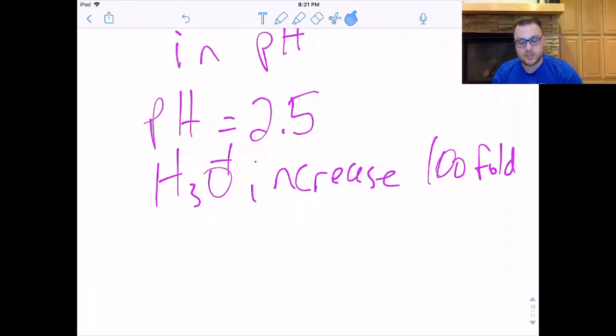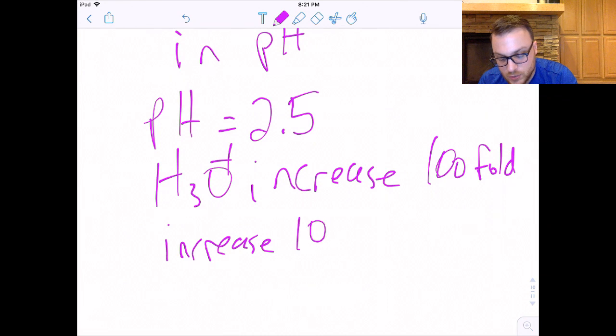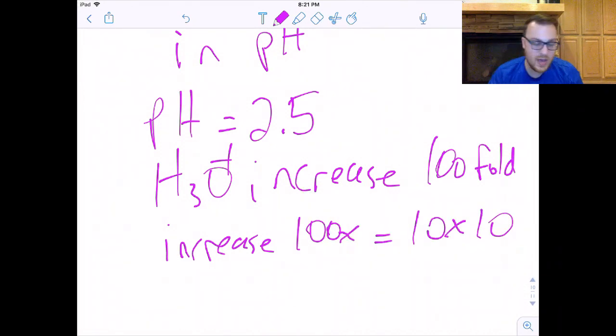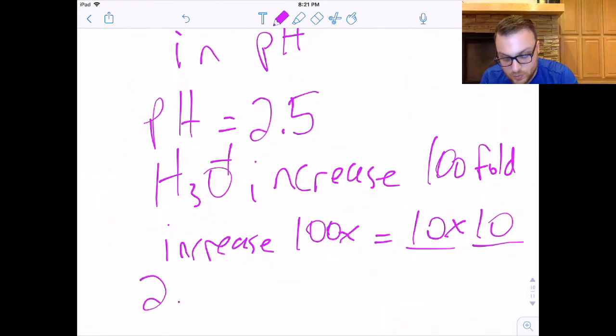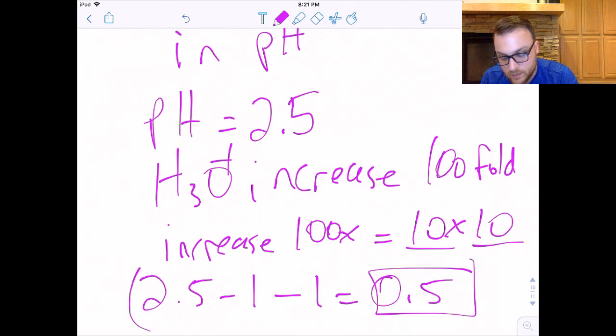That means it increases 100 times, which is equal to 10 times 10. So every time you multiply H3O plus times 10, the pH goes down a unit of 1. So there's 2 increases, 2 multiples, -1, -1, and your final pH is 0.5. So do 2.5 minus 1, take that answer, subtract 1 again, and you end up with 0.5.